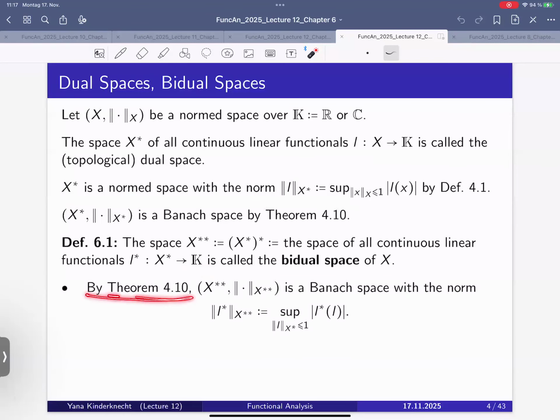By Theorem 4.10, which we have just seen, this is again a Banach space with the norm of a linear functional. But now our elements are linear functionals on this space. So this norm is given as the supremum of the absolute values of L star evaluated at the point L, an element of this space, where we take the supremum over the closed unit ball around 0 in this space.